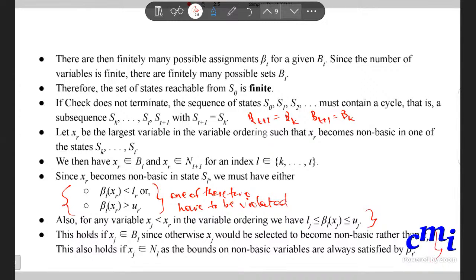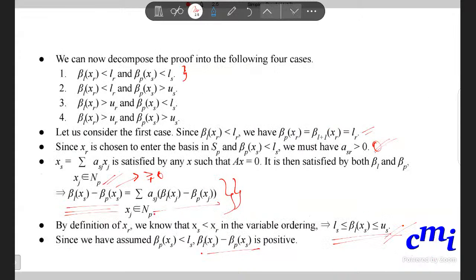So beta L of xs was indeed satisfying its bounds, therefore this has to be between ls and us. It has to be greater than ls, particularly since we have assumed that beta p of xs is less than ls, because that's the case we're considering.